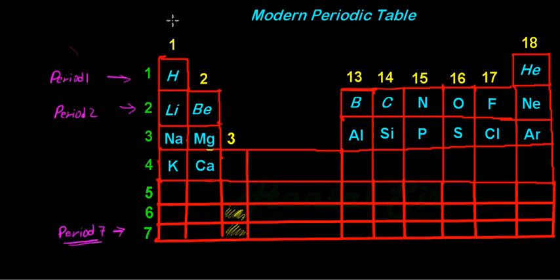The vertical columns, these vertical columns numbered from 1 to 18 in your yellow color, are known as groups. So in a modern periodic table, there are in total 18 groups. Now group 1 is known as alkali metals.